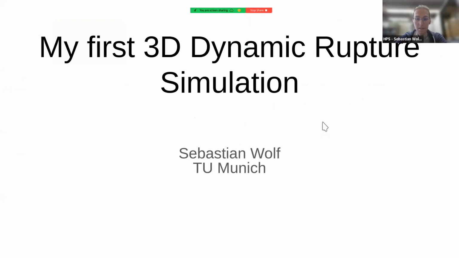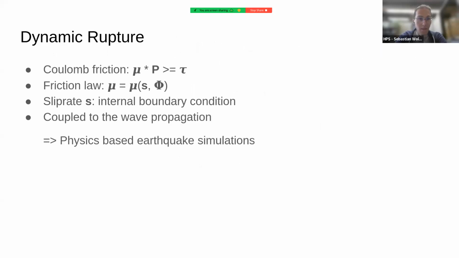Yeah, my main task is to develop SeisSol further, but today I will show you how to run your first dynamic rupture simulation. And first a short recap of what dynamic rupture is. We have a few ingredients here. We have Coulomb friction. That means that the fault strength, which is the product of friction coefficient and the pressure, is always larger or equal to the traction on the fault.